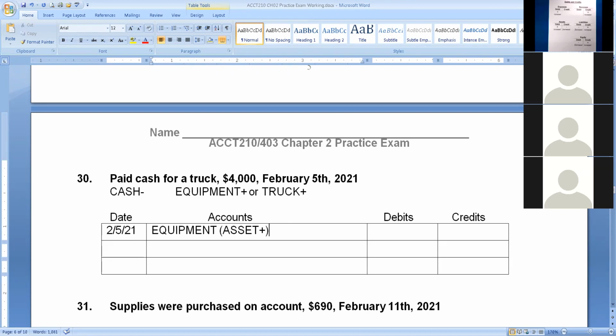But until it goes down in value, we're just going to leave it on the books, assuming that it's worth the same as when we bought it. So in this case, we bought it for $4,000. At least initially, it's still worth $4,000. It will eventually be expensed, but we'll do that over time for depreciation. But that'll be next chapter. Okay.